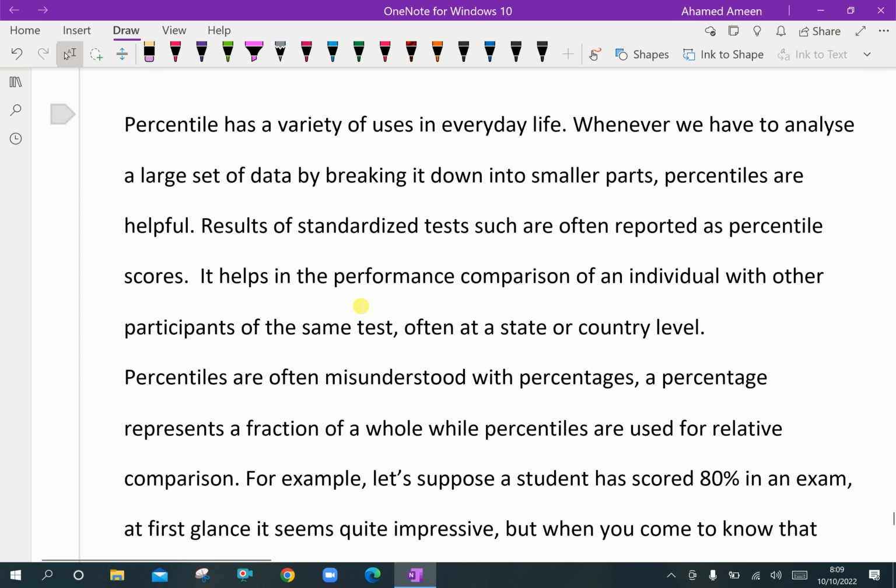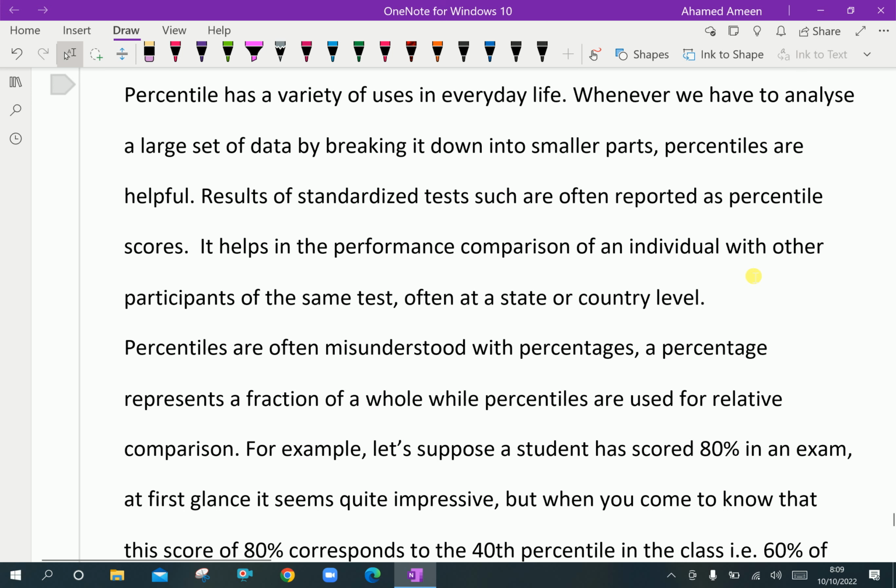It helps in comparing the performance of an individual with other participants of the same test. Suppose a number of students have written an exam, then we can compare how far above or how far below a particular student is relative to the other students. That means each and every person's performance can be calculated in comparison with the other students.